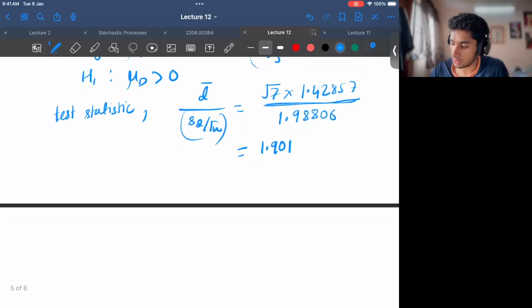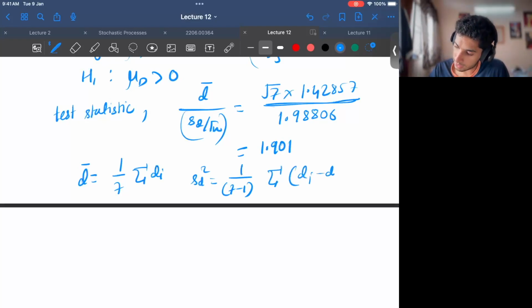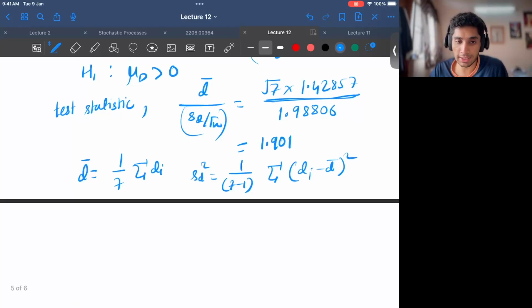So d bar is just 1 by 7 summation di, and SD square is nothing but 1 over 7 minus 1 summation di minus d bar whole square. So it's like the sample variance and sample mean.